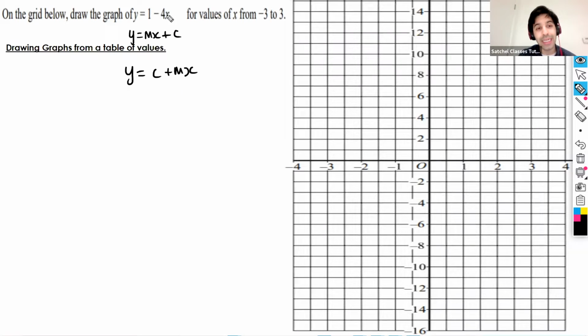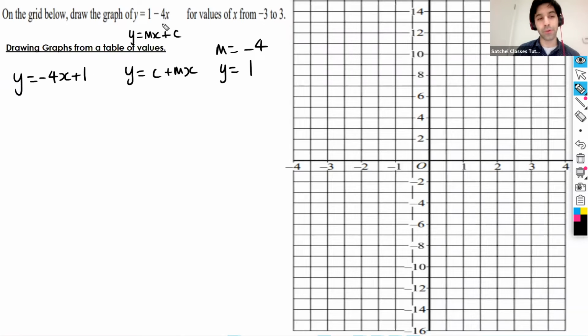So our gradient in this case, our m value, is going to be -4, and our y-intercept is going to be 1. So we can rewrite this as y equals -4x plus 1. Now it's in the form of y equals mx plus c. So don't be put off by it when the y-intercept and gradient are flipped around.